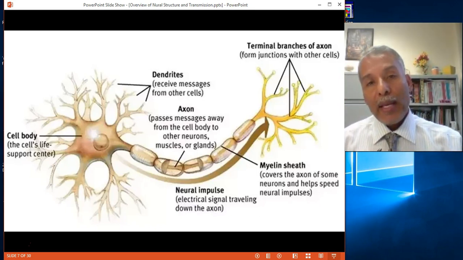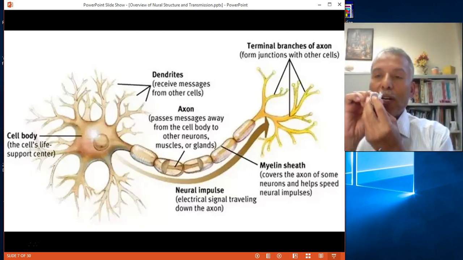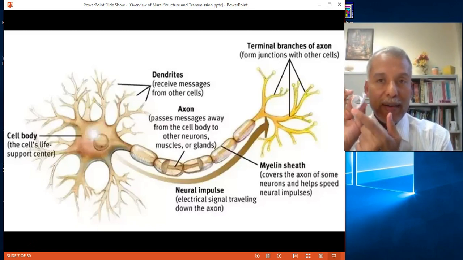What a baby can do from birth and on, like movements and stuff, is determined by how many layers of myelin there are.